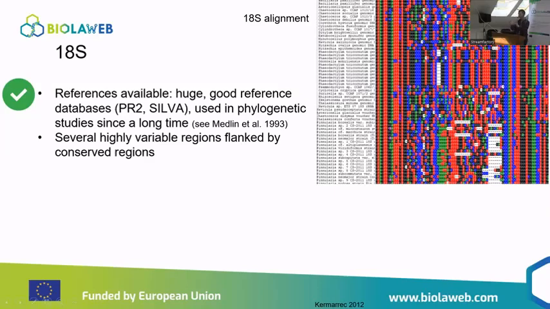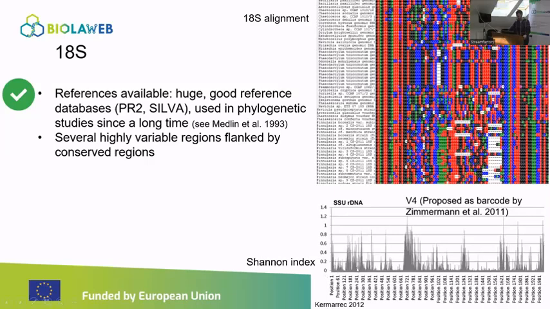We don't manage to align them, so the diversity is much higher, and this is only on a small stretch. Here you can find the Shannon entropy index along the positions from 1 to almost 2000. You can see some very variable regions. The region I focus on is the V4 region, which was proposed as a barcode by Jonas Zimmerman in 2011. It's a very good region because here you can put your primers that will be used for the PCR.